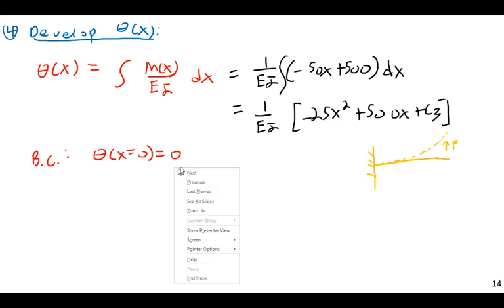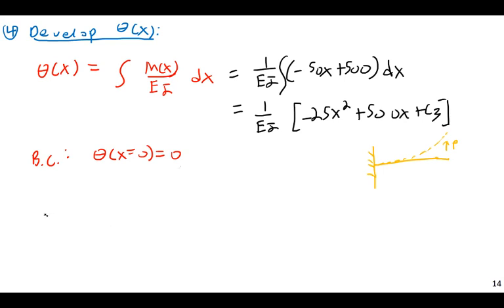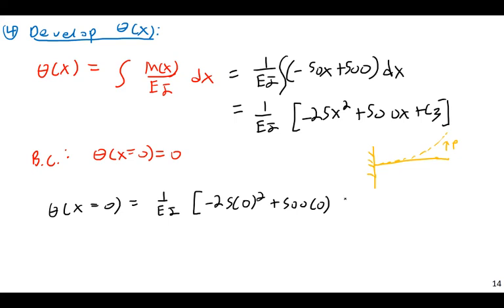So then if we apply this, theta at x equals 0 is equal to 1 over EI of negative 25 times 0 squared plus 500 times 0 plus C3.